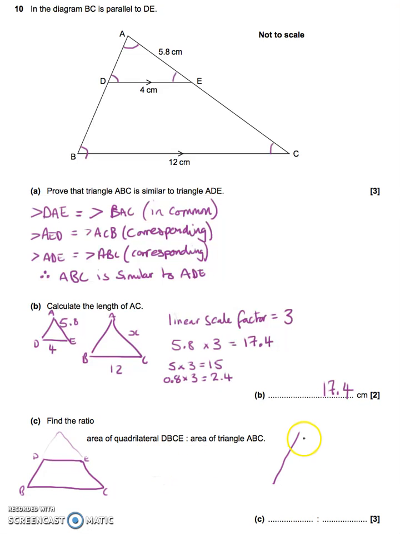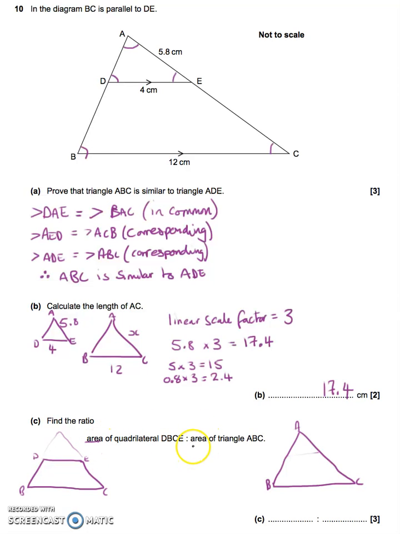I'll draw that on the other side there, which is just the big triangle which we've drawn previously, ABC. Okay, and then I'm just going to draw that faint line in there. So we've got exactly the same thing drawn on both sides, but I'm just showing you that's what they're talking about with the quadrilateral, and that's what they're talking about with the big triangle ABC, when we need to work out what the ratio of the areas are.